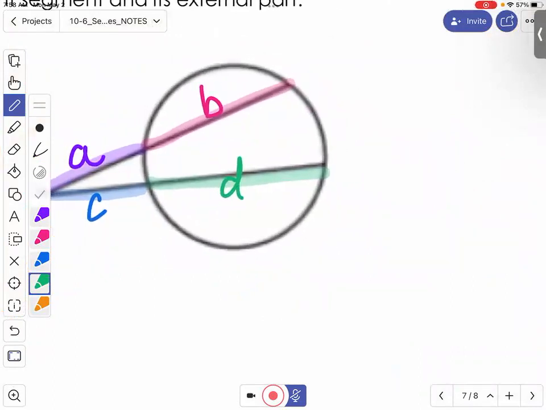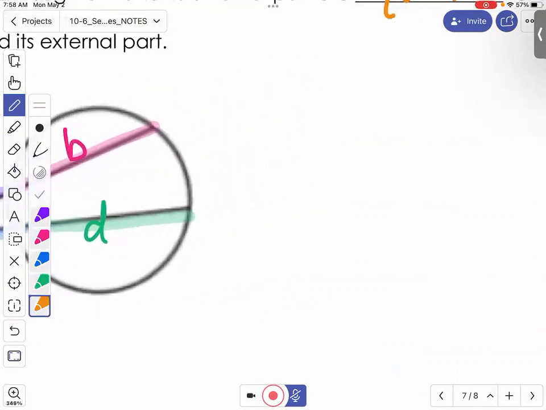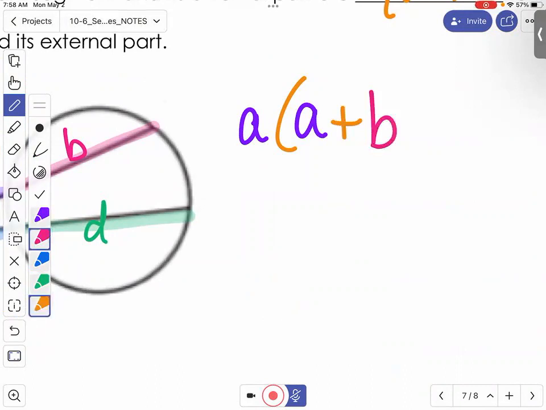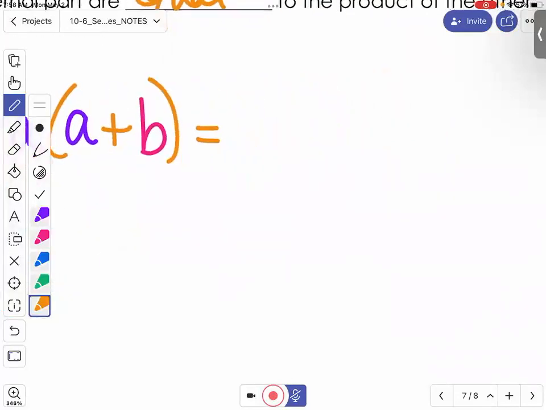So with our pieces that we have for these sections, we are looking at A times A plus B, because A plus B gives us the whole entire way across. And that should equal the same thing, but for the other secant.